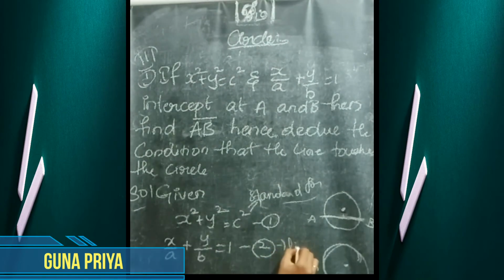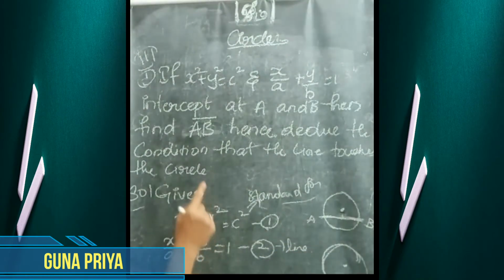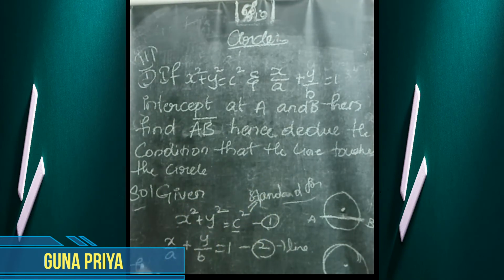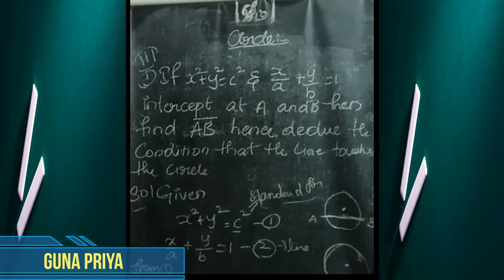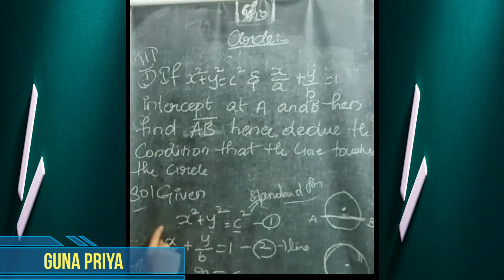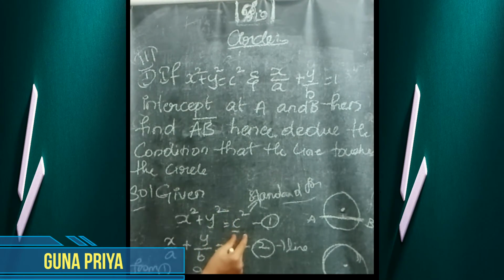This is the line. Already we know the formula for the radius when it is in the standard form, x square plus y square equals r square. Here, in the place of r, what's the variable? It's c.